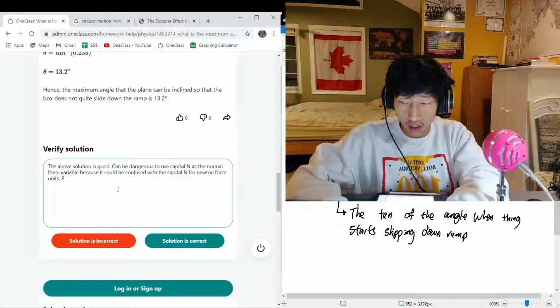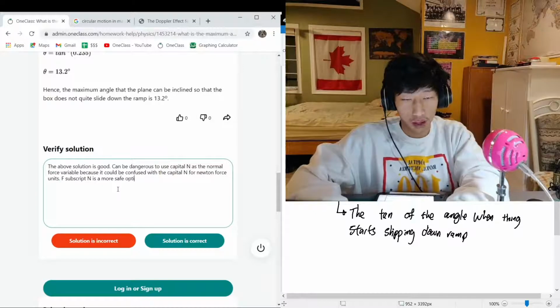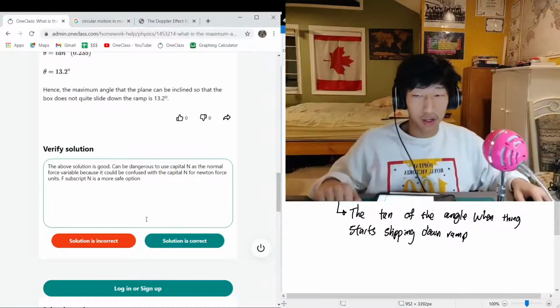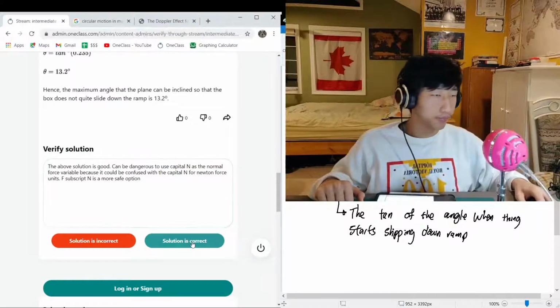F subscript N is a more safe option. Okay, cool, awesome.